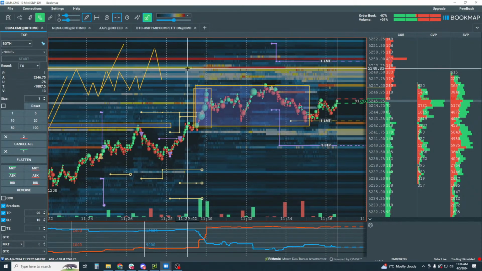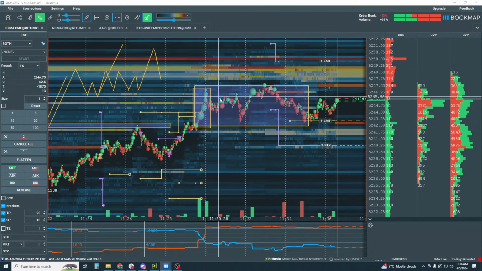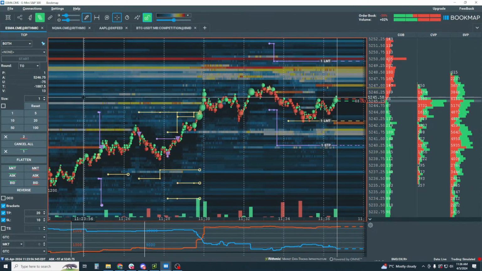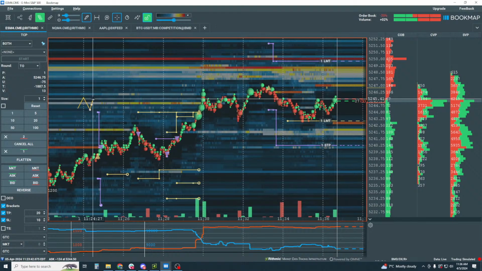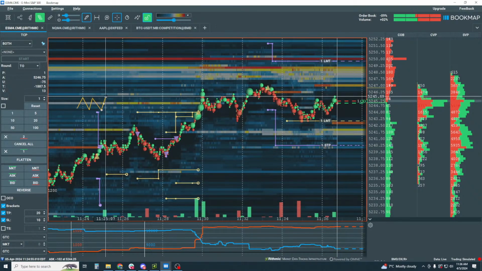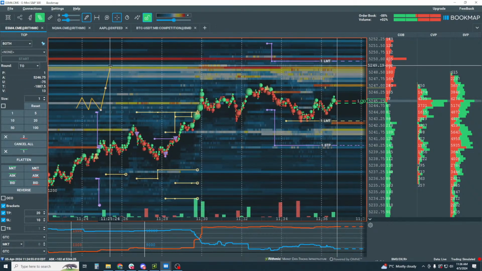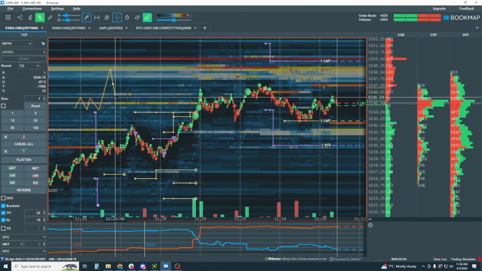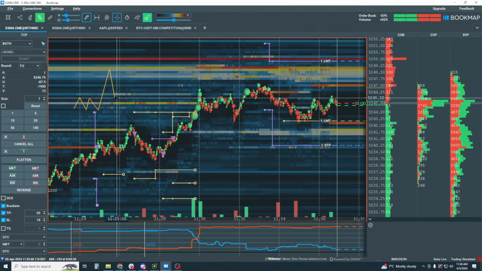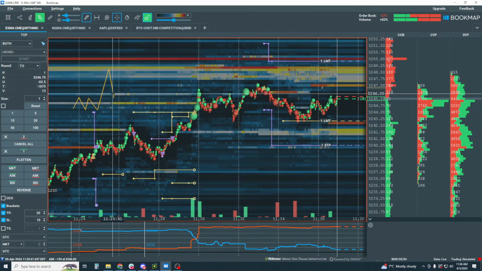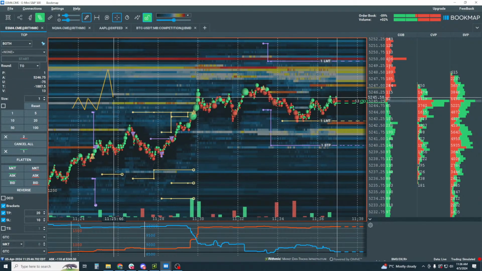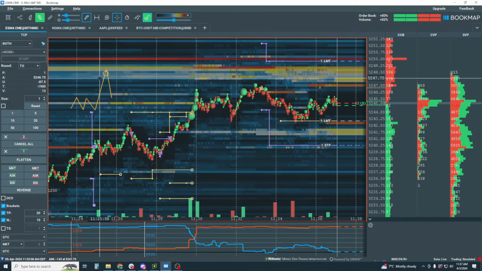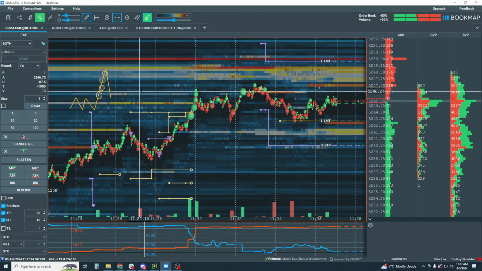Let me clear these. It's getting kind of messy. All right, so we go from our consolidation, our impulse, and then a steep pullback. Okay, so now it's not really a continuation pattern, but we know that there was strong volume in here, on this strong buy volume.